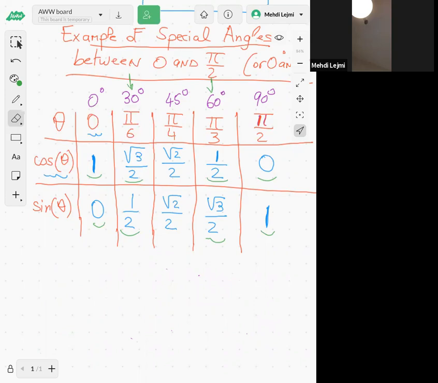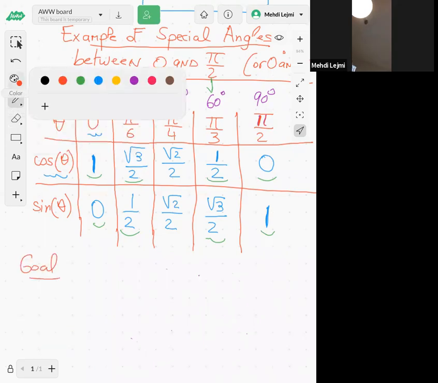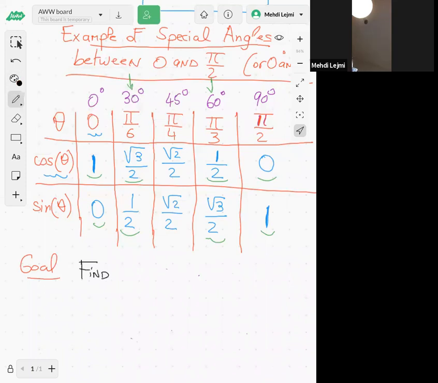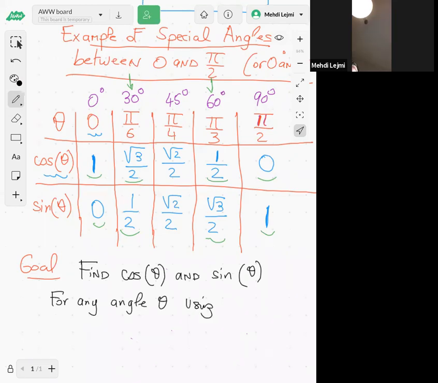But what we're going to do today, and what's going to be in the final, is find cosine of theta and sine of theta for any angle theta, using this table here. I'm going to show you how to find cosine and sine using this table.